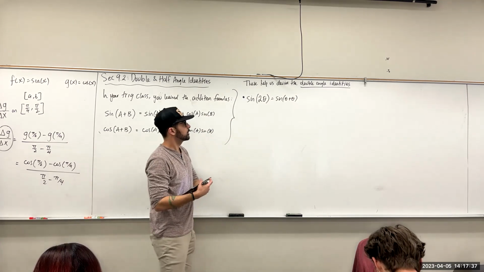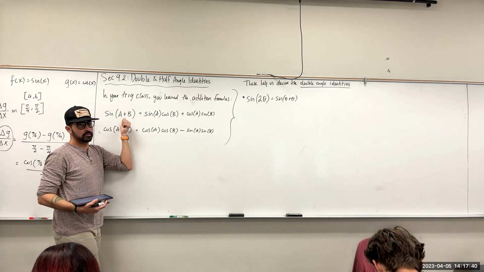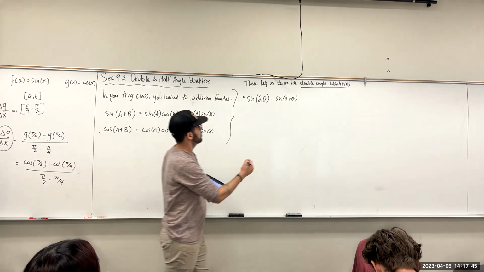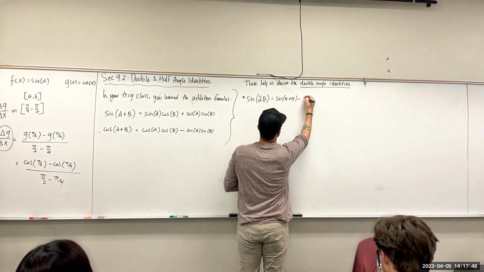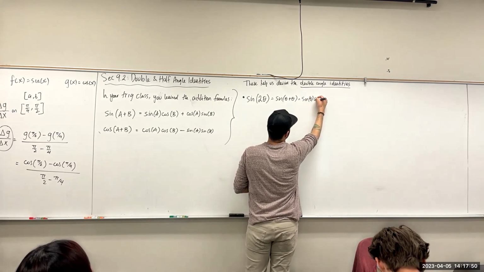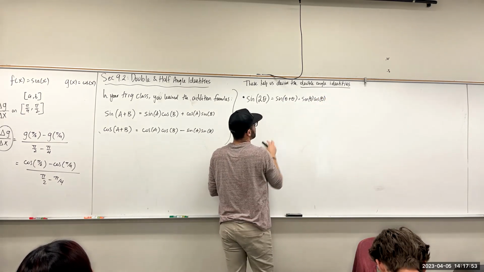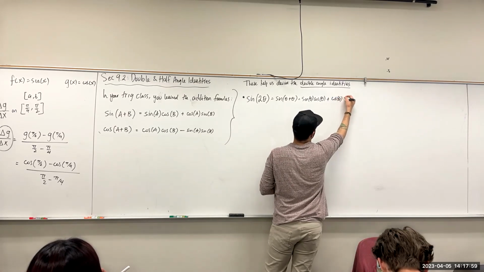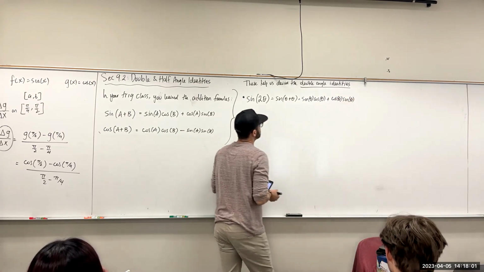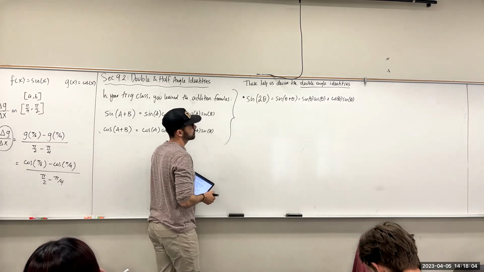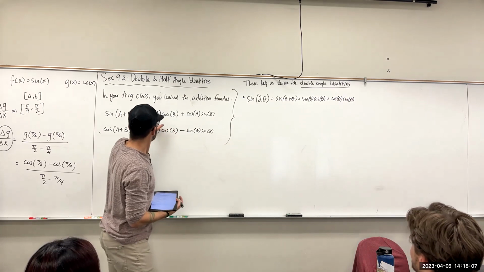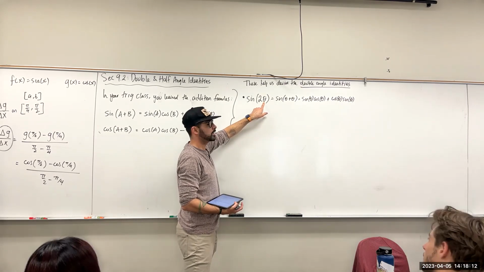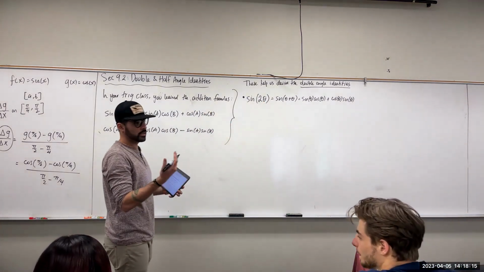Then I use that addition formula to show me that this is sine of theta times cosine of theta, since the angles are the same, plus cosine of theta times sine of theta. That's not sine 20, it's sine 2 times theta. This is the Greek letter theta, representing an angle.